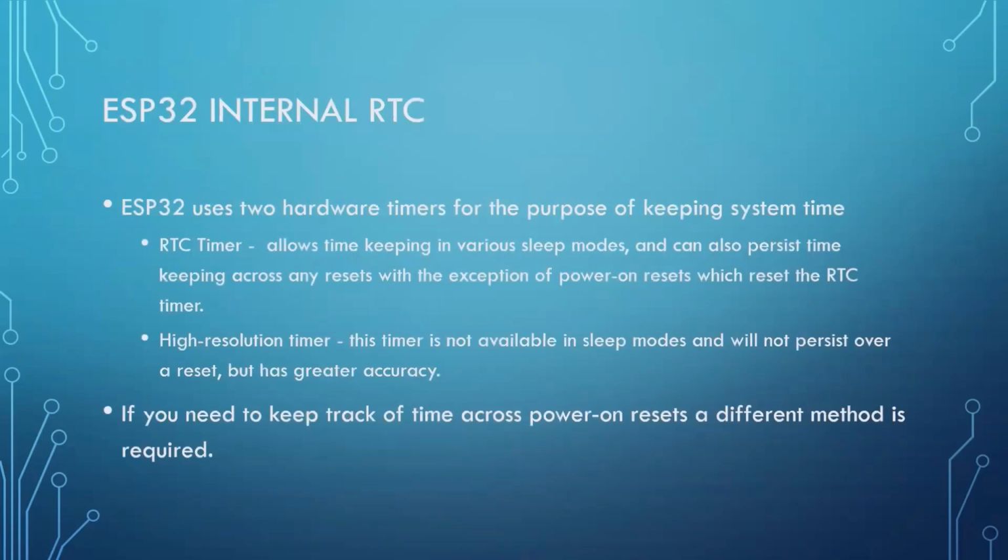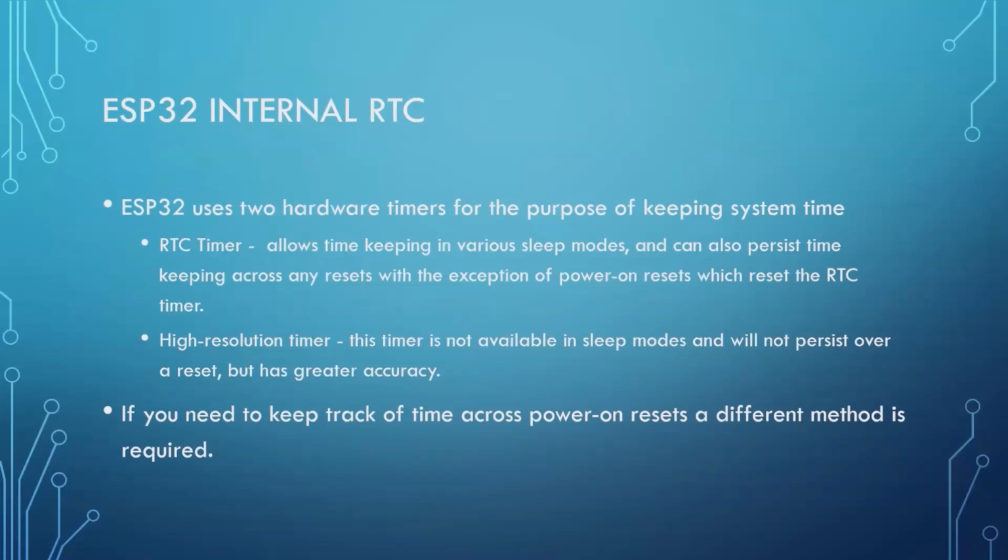So the ESP32 actually has two internal real-time clocks. It has a real-time clock timer, which basically allows timekeeping whether you're in sleep, deep sleep, or light sleep mode. It can persist time keeping across any resets, as long as it's not a power on reset.